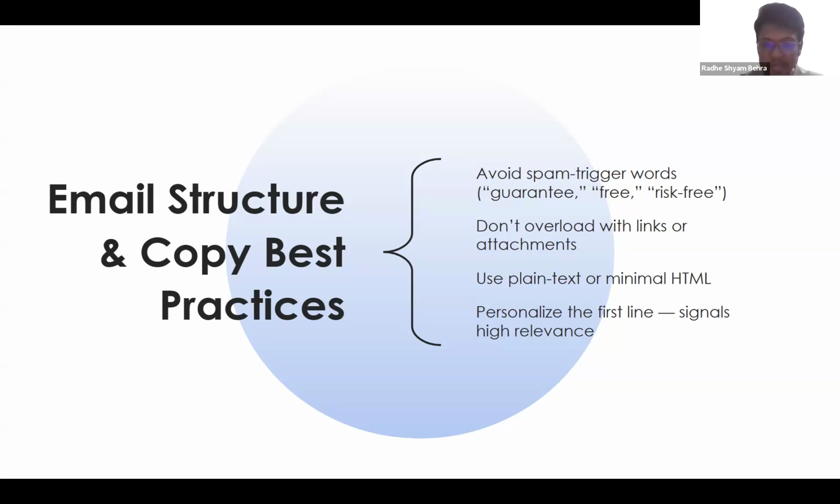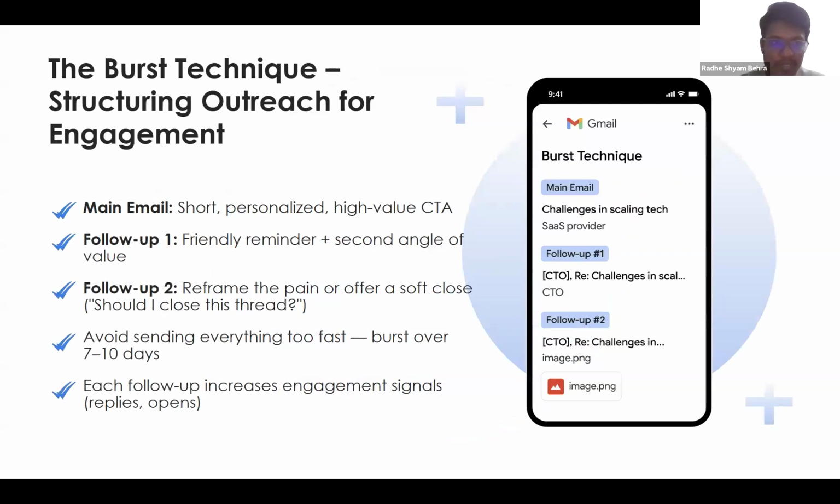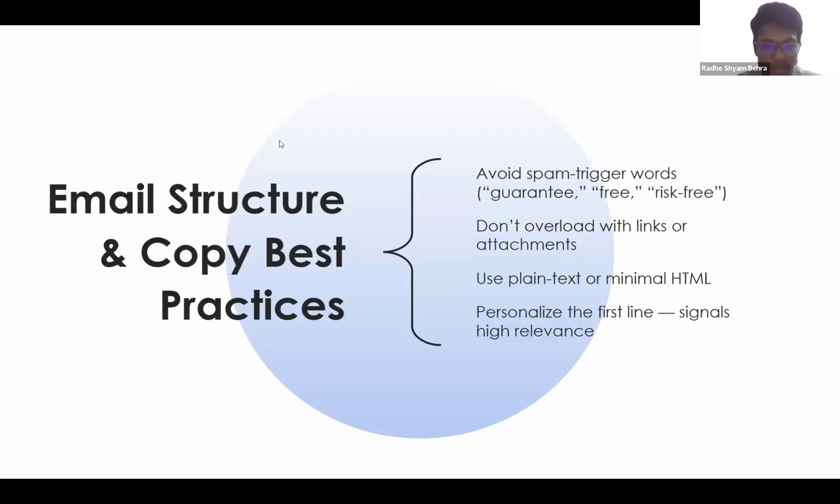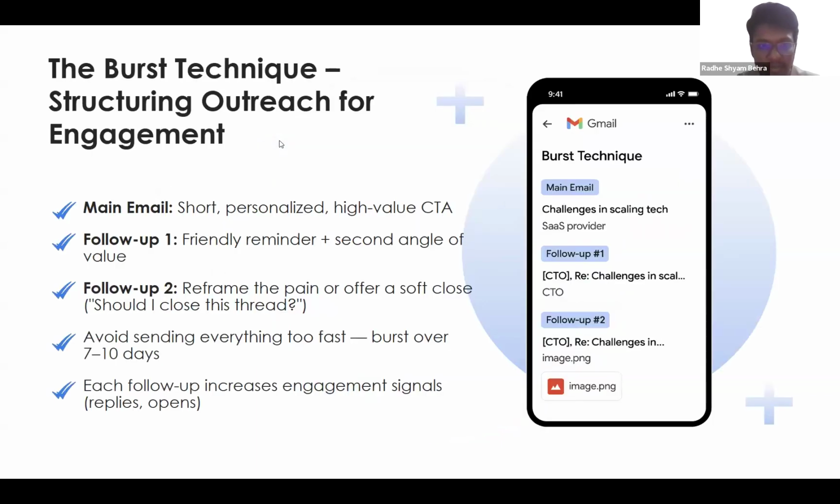Okay, so I'm moving on to the next part. We are talking about the email structure and copy in the previous slide. I'm just going to talk about one simple technique that we use when sending outbound campaigns. This is called the burst technique. It is one particular structure of email that is very simple and relatively easier to build.